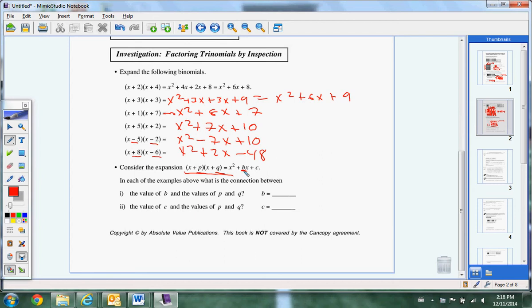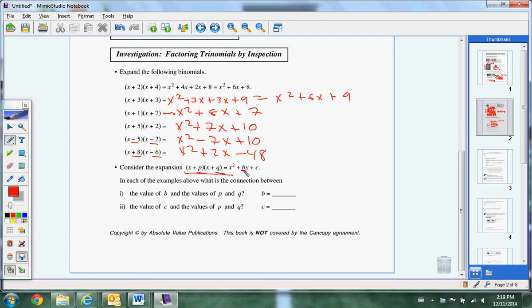The pattern: B, the middle, your middle term, every time, is these two added. What's 8 plus a negative 6? 2. What's negative 5 plus a negative 2? Negative 7. 5 plus 2, 7. 1 plus 7, 8, etc. Do you see that?